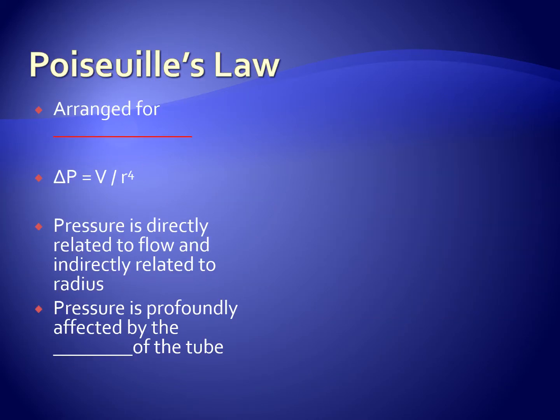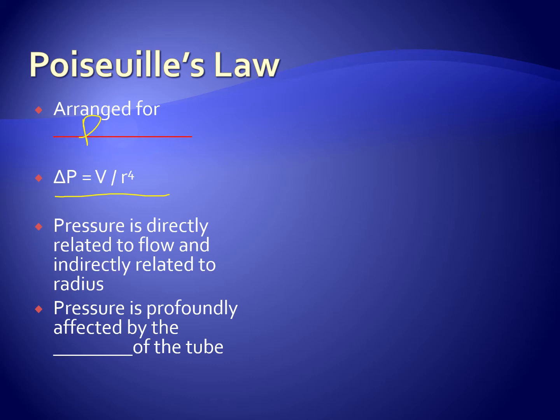So we can also not only arrange it for flow, but now we can arrange it for pressure. Okay. So when we're arranging it for pressure, flow is constant. So let's say in our previous analogy, arranging it for pressure, our flow is constant and radius is to the fourth. So pressure is directly related to the flow and indirectly related to the radius.